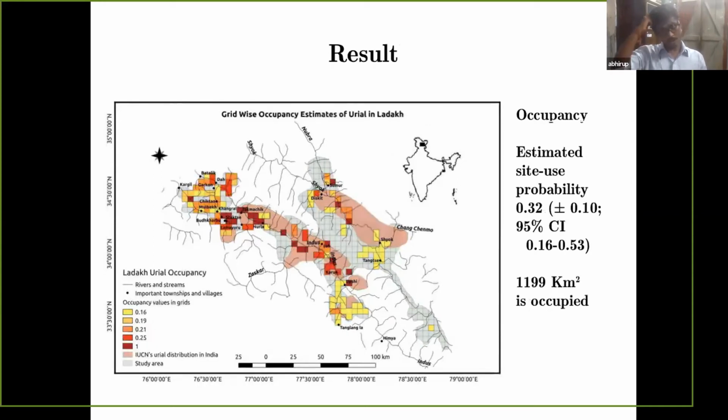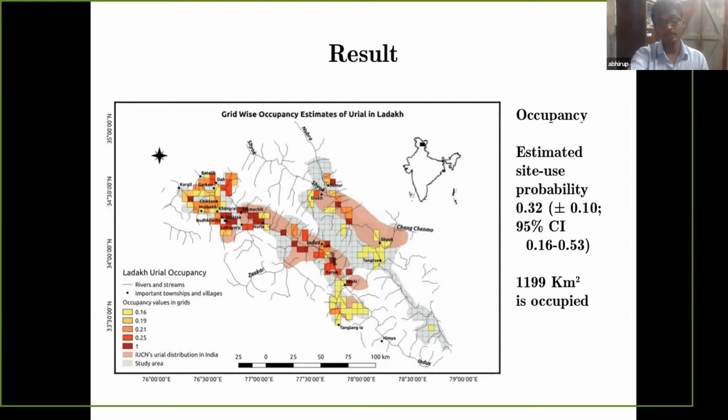Now with the occupancy estimate, what we found was 0.32. So basically 32% of the area is used by Urial. Now you can see there is a lot of variation in the occupancy estimate, and you can see that you have a better picture of Urial distribution in Ladakh and also in the Kargil region.